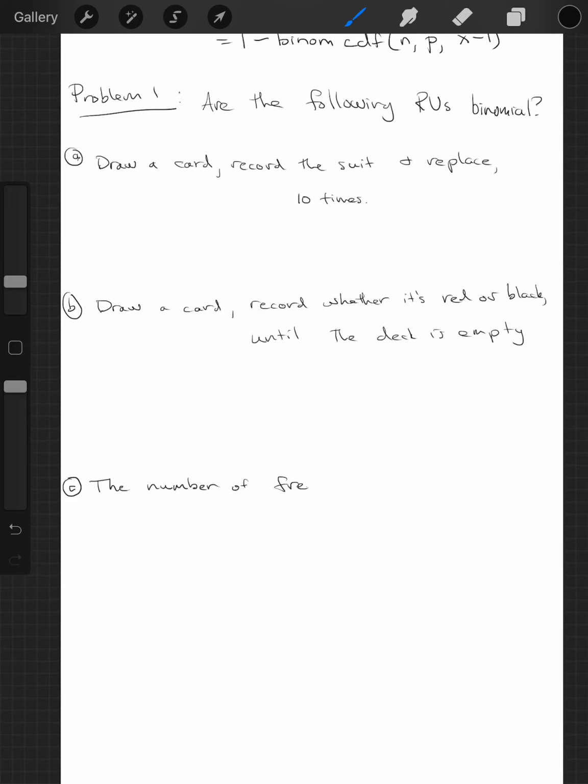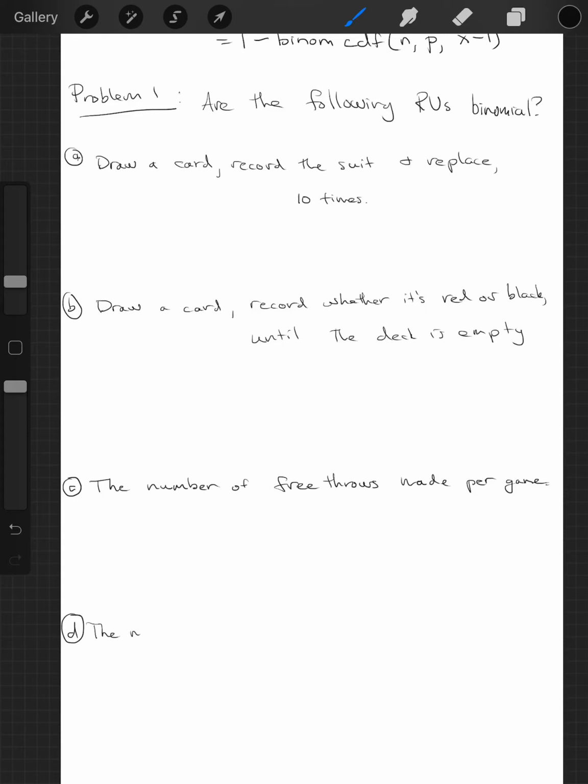C is going to be the number of free throws made per game.